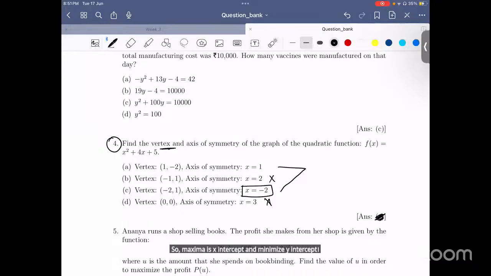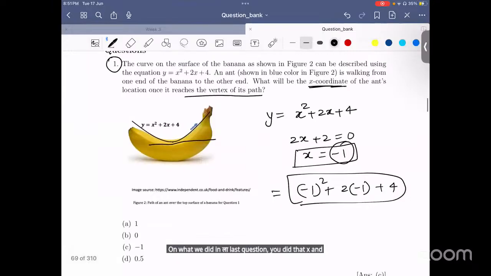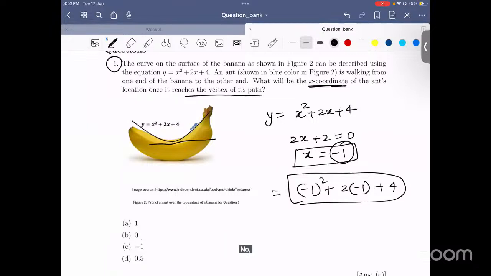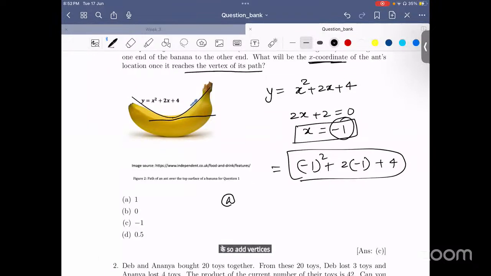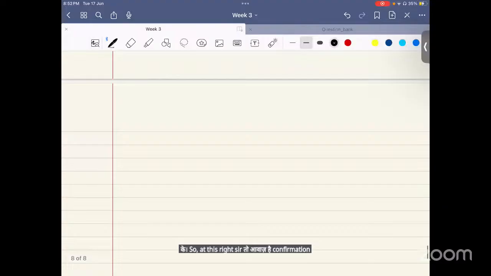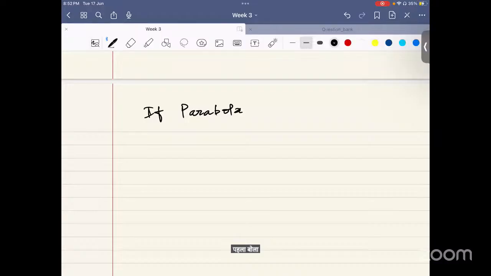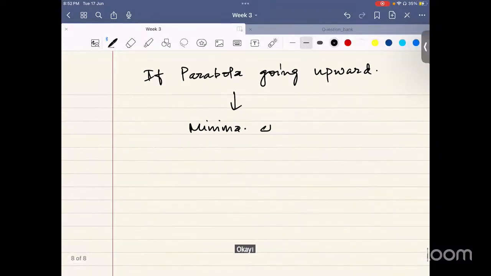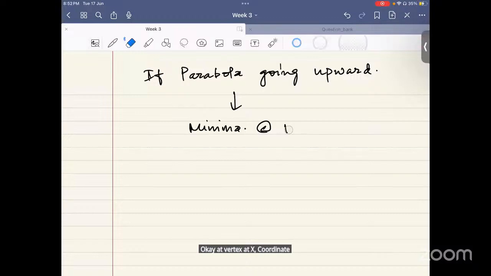No. In the last question, you found the x and y: the y is the minimum value, and the x is where it occurs. At the vertex, I'll write it to avoid confusion. If the parabola is going upward, it will have a minima at the vertex, at the x coordinate of the vertex.